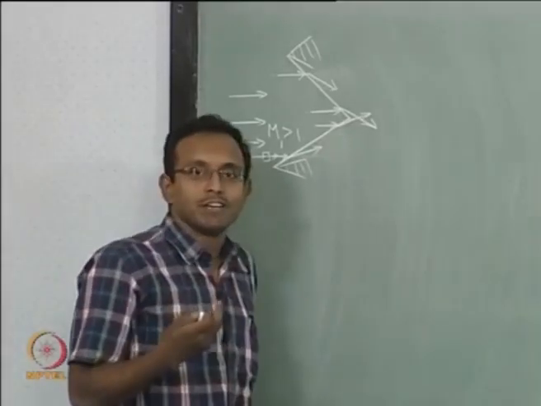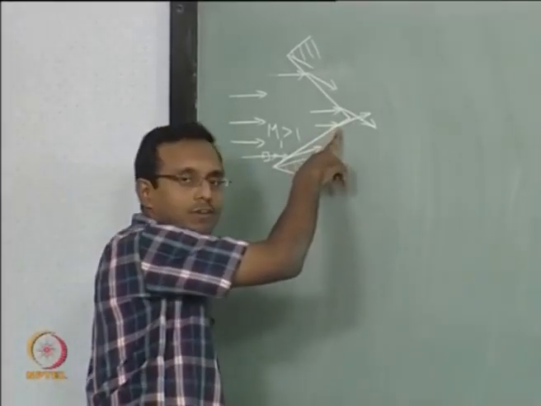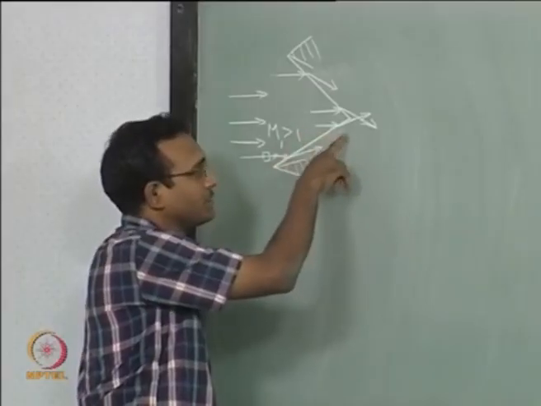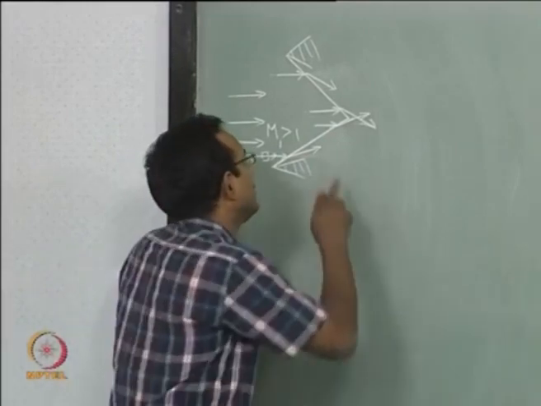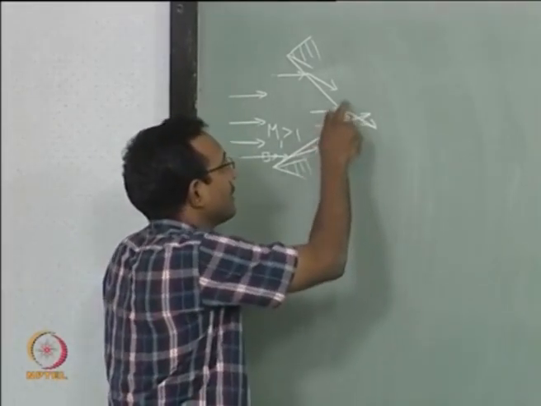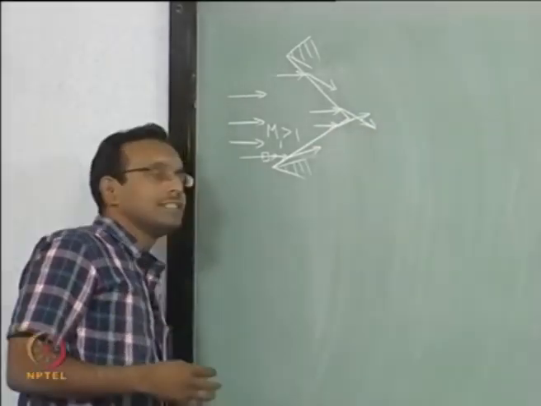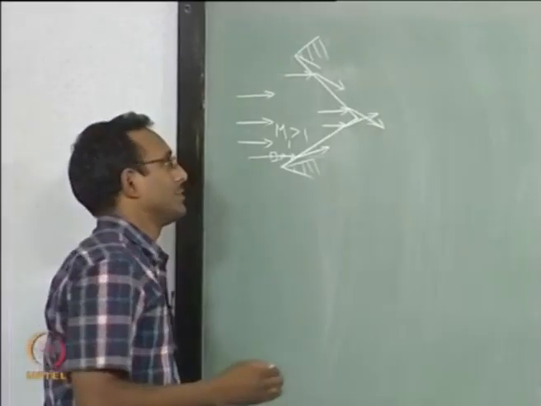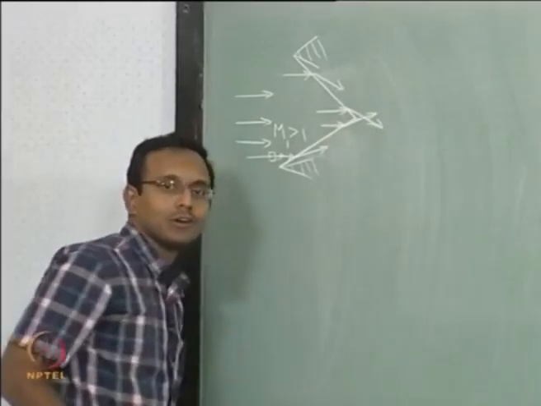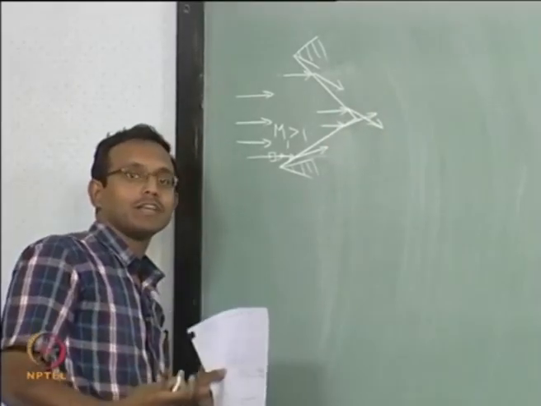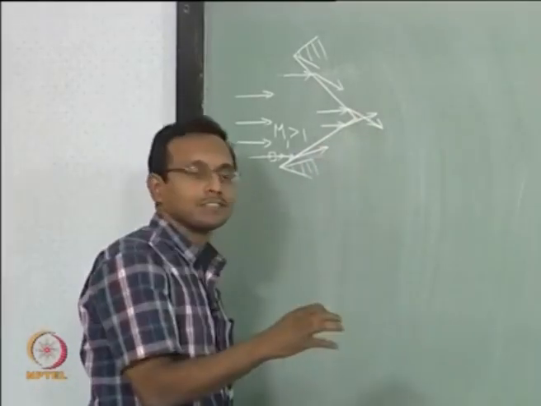Now the way we think about it, we start from supersonic and end with supersonic. We are still assuming these are all weak oblique shocks, so it is mostly supersonic behind them. So it is a supersonic flow coming here, another supersonic flow coming from the top, and they are colliding with each other. Since the streamlines cannot cross each other, each of these streamlines is going to feel the other streamline as a body, which means they cannot just cross each other like this.